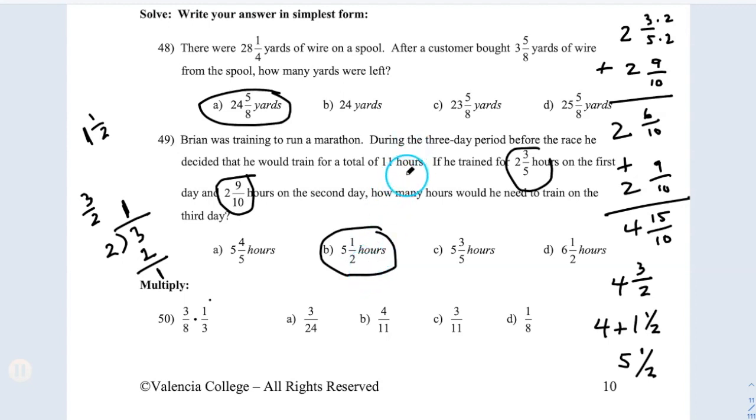Remember, the idea was I was going to add those two and then my final answer subtracted from 11. So now we have 11 hours minus 5.5. 11 minus 5 is 6, and then 6 minus 1/2 is 5.5. So it's a coincidence that by doing the mistake, I got the right answer.